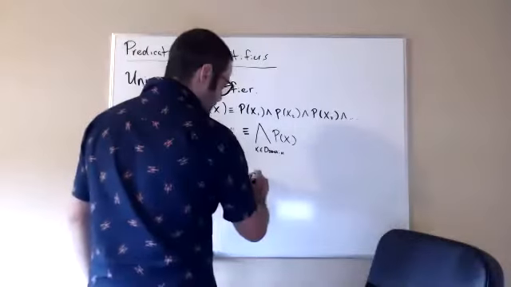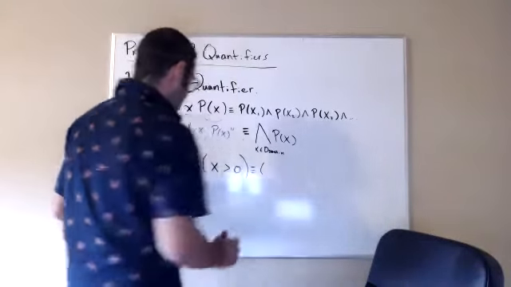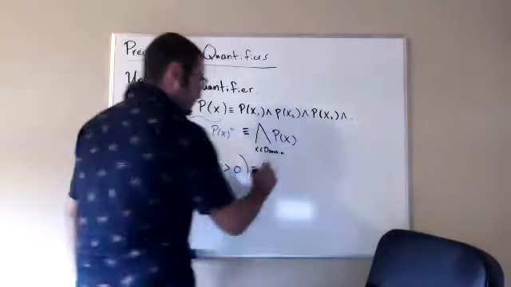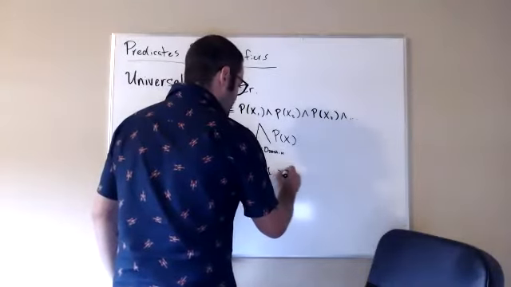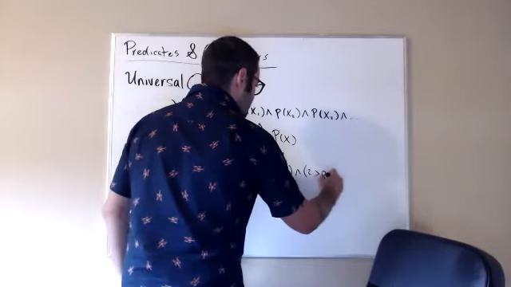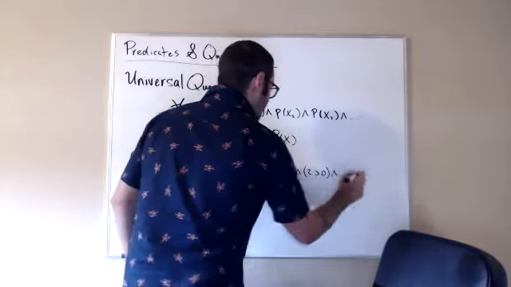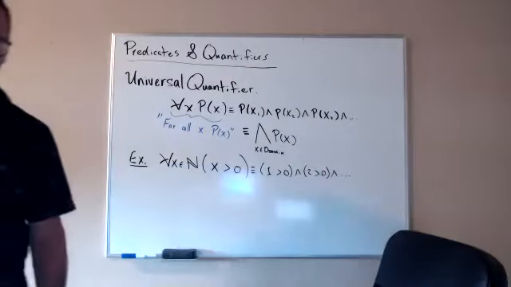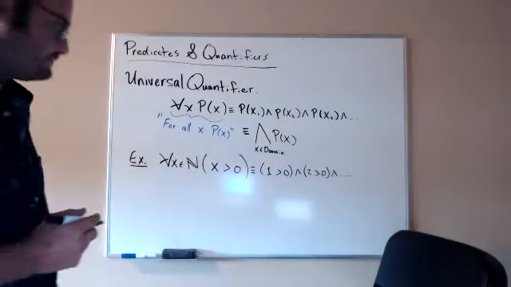And you would evaluate this by saying, okay, the first natural number is 1, so 1 greater than 0. The second natural number is 2 greater than 0. So forth and so on. For every natural number x.